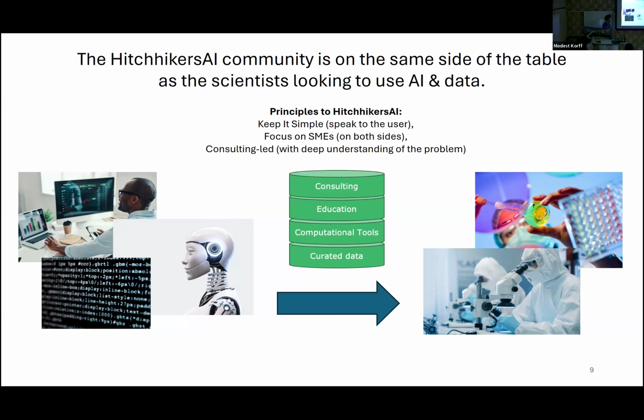So as a non-profit, for example, in Parkinson's disease, we're spending time with Richard to understand what is the problem he's trying to solve when he's connecting all these early stage clinical trials together, so that one can learn from trial to trial to trial. But that's a consultative process. So we are keeping things simple because otherwise people don't understand the language. Remember, it's a language problem. We're focused on SMEs, means small to medium-sized enterprises, and consulting-led.